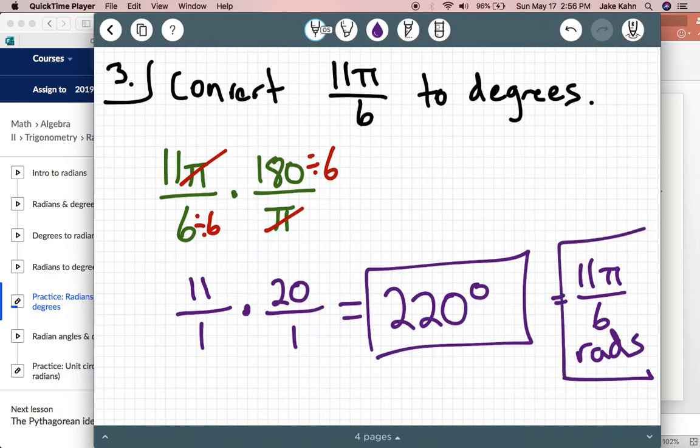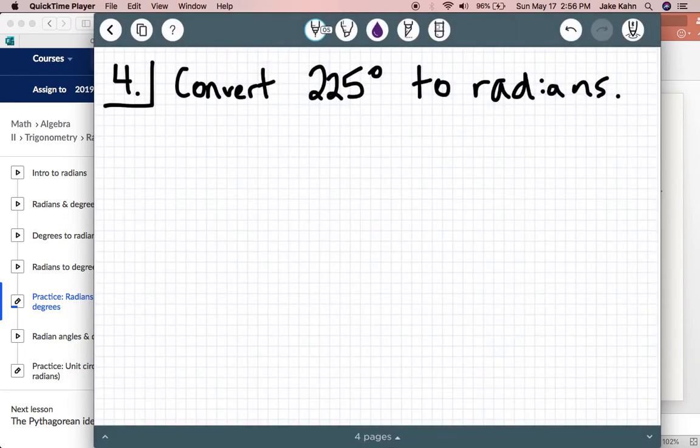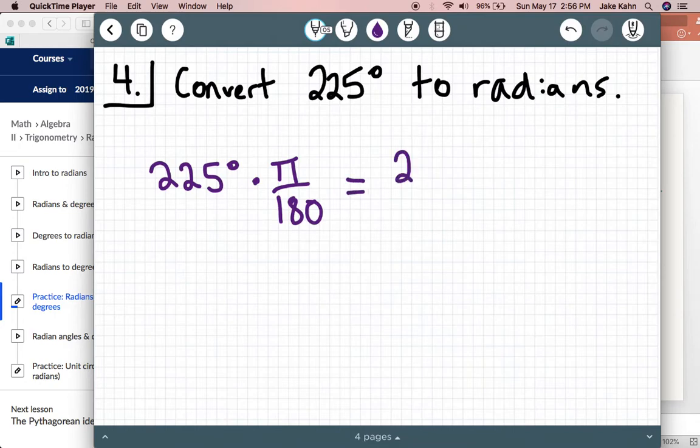And one more. Let's say that we have 225 degrees and we're trying to convert this to radians. We're going to take 225 and we're going to multiply it by pi over 180. This is equal to 225 pi over 180, but you got to make sure that you simplify, right?